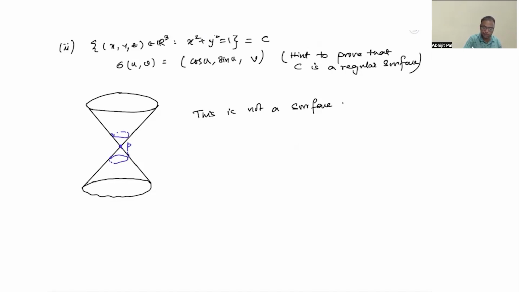So it is not homeomorphic to an open subset of R2.